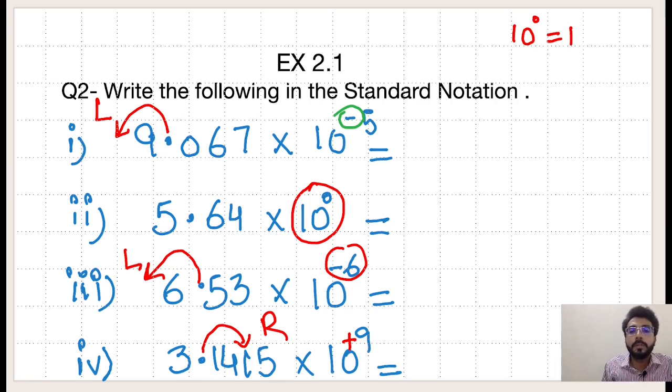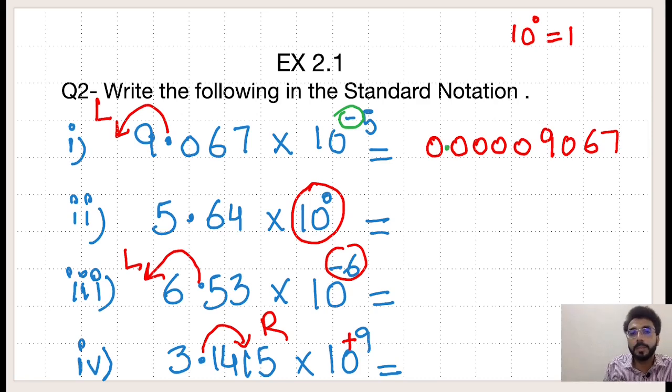9.067 times 10 to the power negative 5. So we will write 5 zeros before 9: 1, 2, 3, 4, 5, 9, 0, 6, 7. The decimal point will be here.